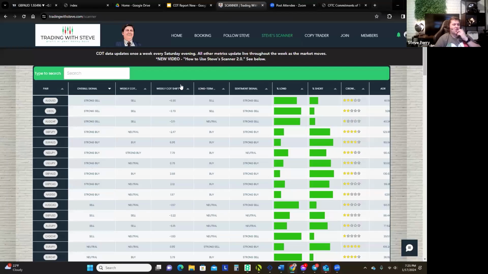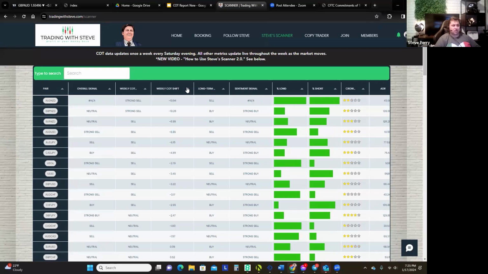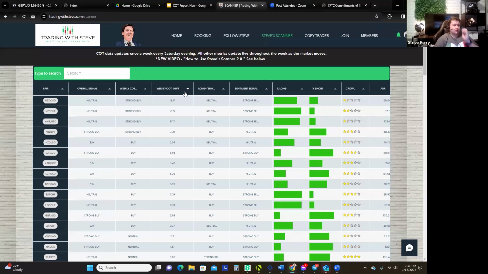So when you look at the scanner here, guys, here's the scanner. If you filter this option right here, it's like the fourth column in on the scanner where it says weekly shift, it'll bring up the number one shift trades for the week. These are the ones that had the biggest shifts. NZD CAD had a really big positive shift. NZD Franc, pretty big positive.